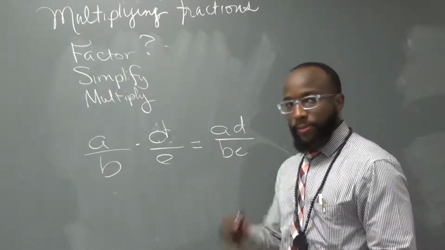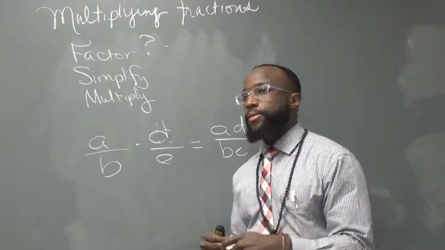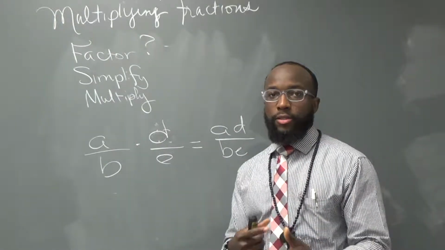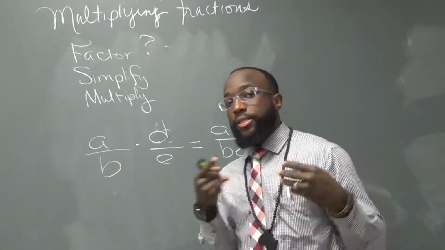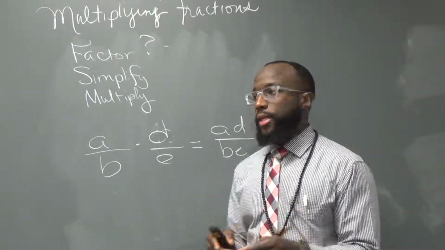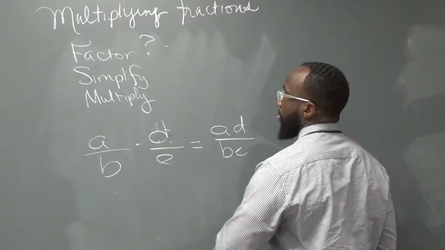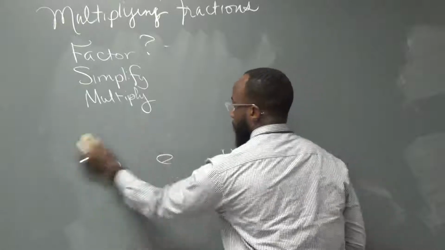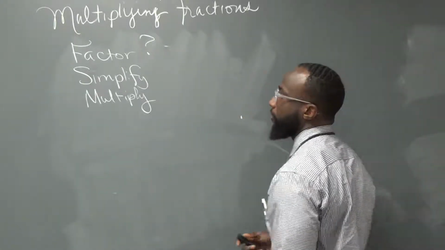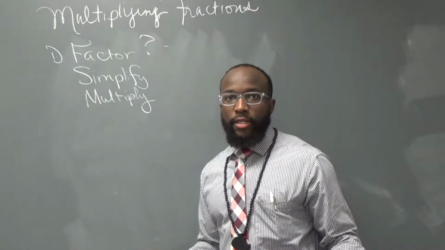Okay? Now, once we get into Algebra 1, Algebra 2 concepts, and we are multiplying not only numbers, but numbers and variables, there are some other things that we have to look for before we get to the plain and simple multiplication concept. The first thing you want to look for is, number one, you want to see if you can factor the two fractions.